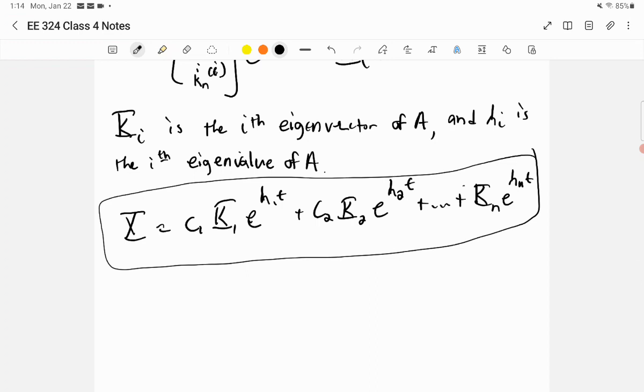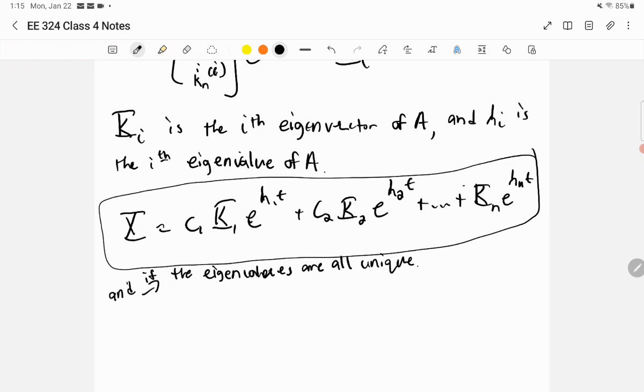This is true, by the way, I should mention, if the eigenvalues are all unique.